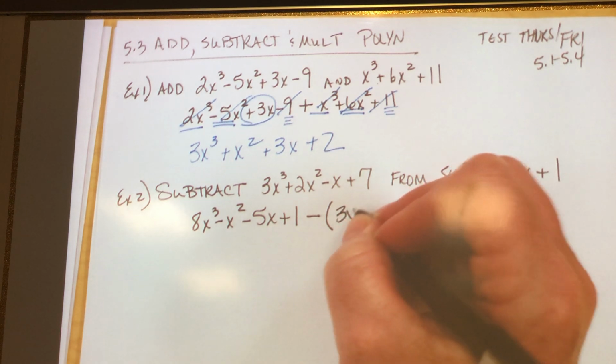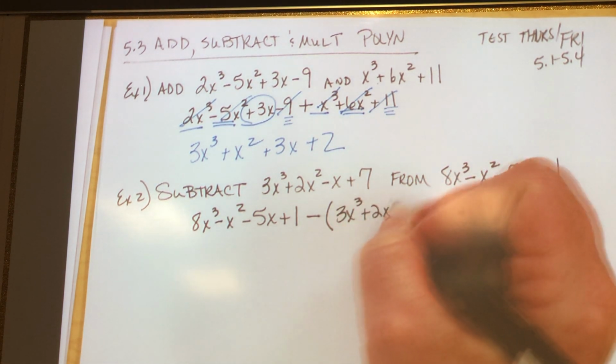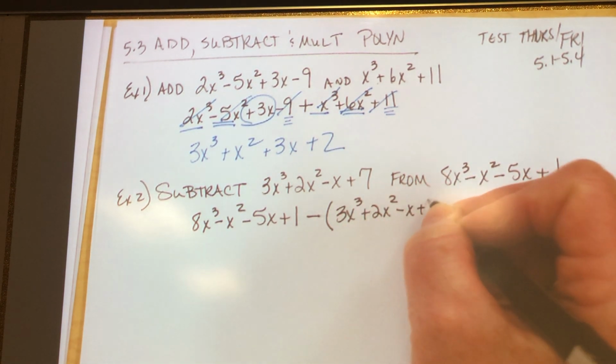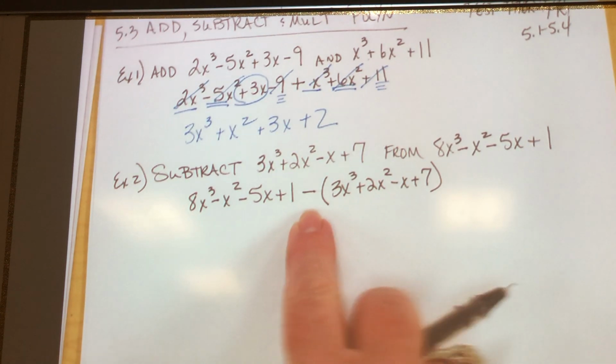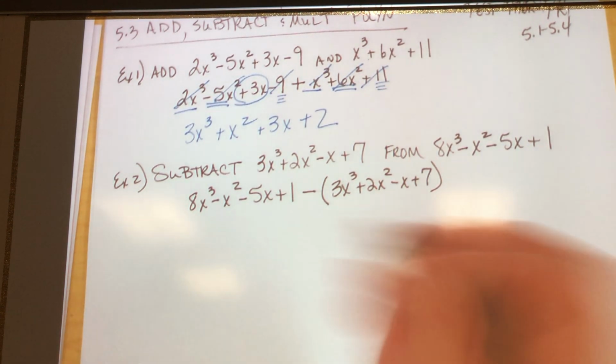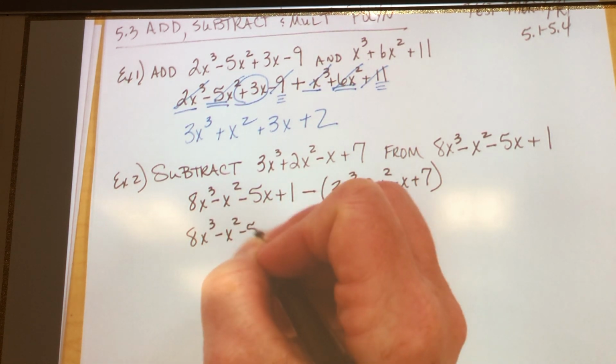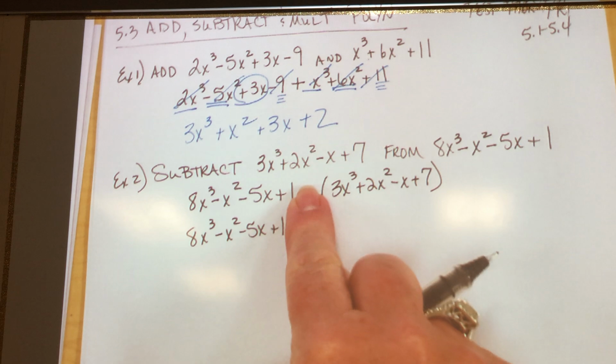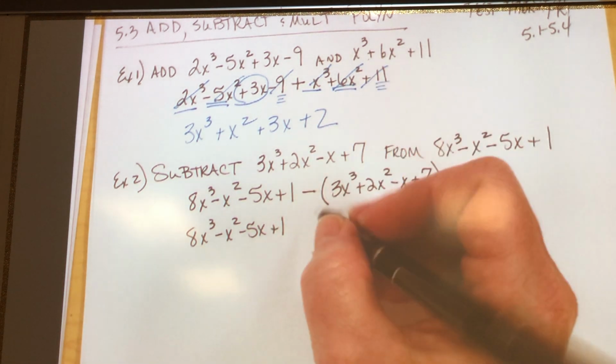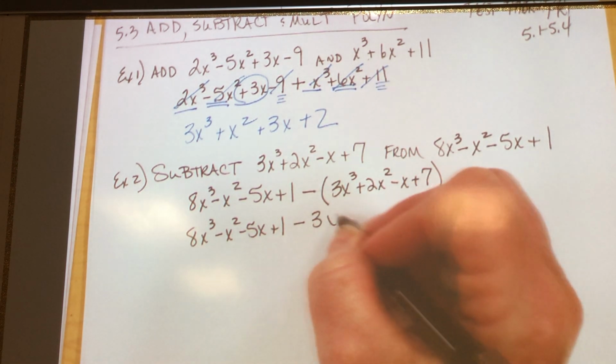So minus 3x to the 3rd plus 2x to the 2nd minus x plus 7. Now, what does a minus sign outside parentheses mean? Yeah, we just change all the signs. So the opposite of a positive 3x to the third is a negative 3x to the third.